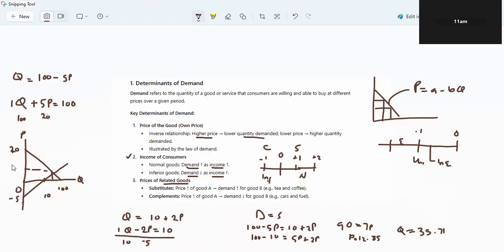So this, it will be a P of 12.85, and our Q will be 35.71. In this graph here, area A is the area of a triangle, and area B is another area of a triangle. So this is a consumer surplus, and this is a producer surplus. So the total is what we call the total surplus.